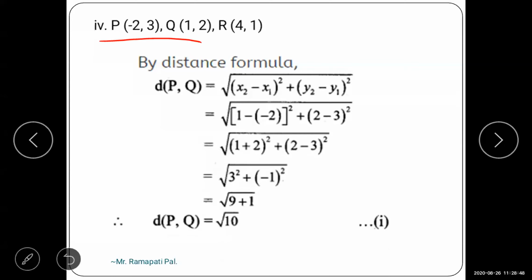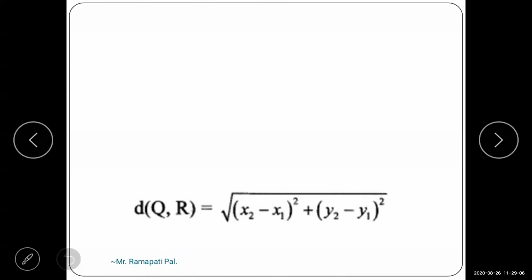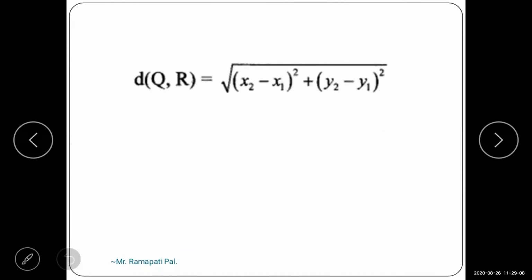Okay, let's see the distance QR. Distance QR is equal to root of (x2 minus x1) whole square plus (y2 minus y1) square. So you are ready?